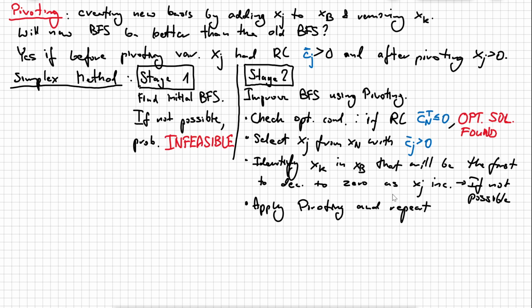Remember, the reduced cost indicates that as we increase xj, we increase the objective function value. So we can increase the objective function value without limit. If this is the case, then the problem is unbounded.